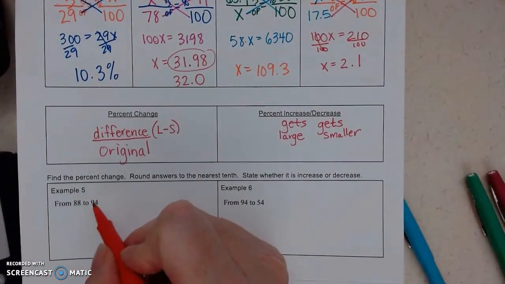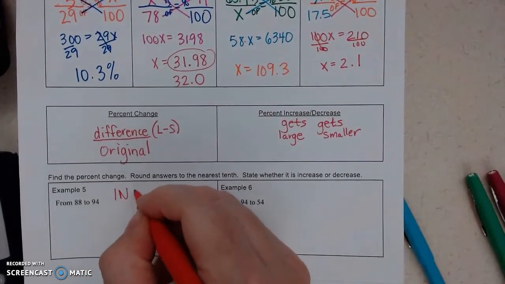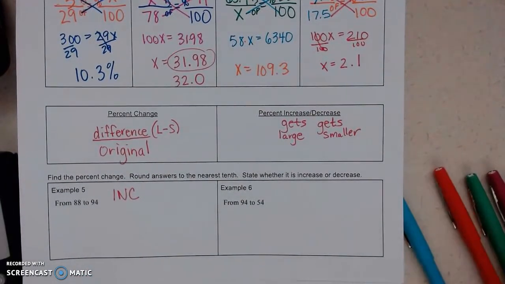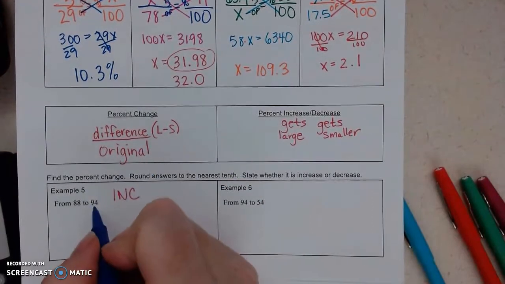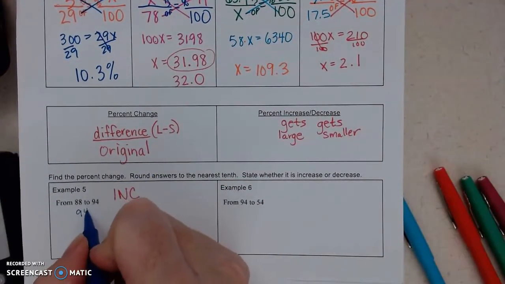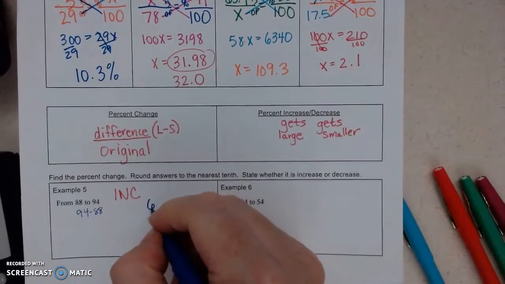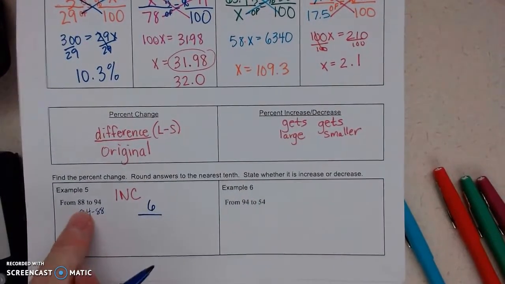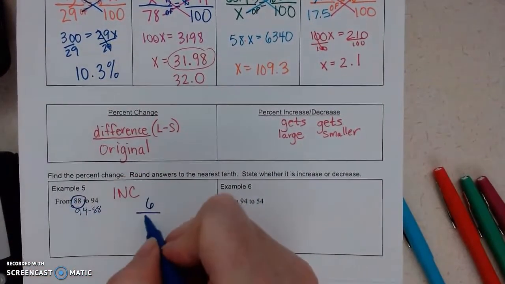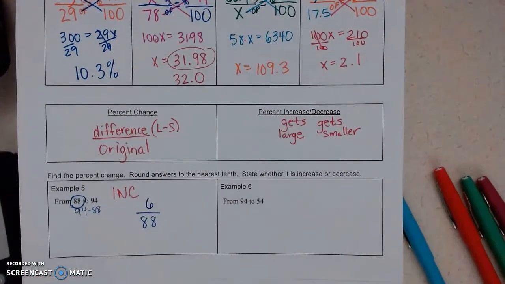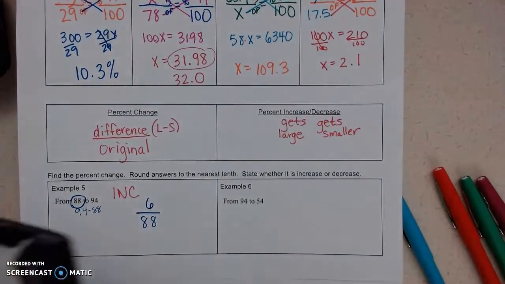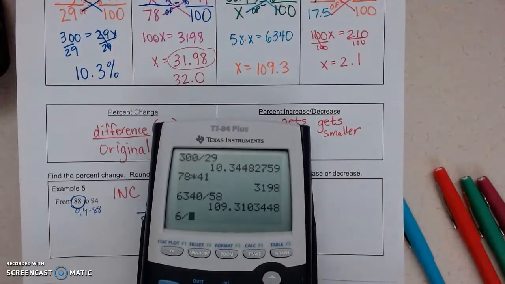So if we go from 88 to 94, we definitely increased. So now I'm going to find the difference. So 94 minus 88 is actually 6. Divide that by the original price. So from 88, that was my original. So 6 divided by 88, I'm going to show you.